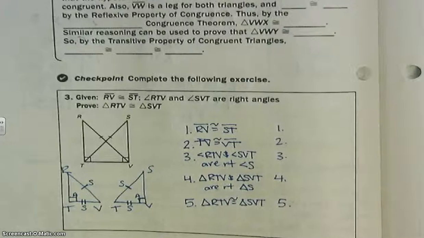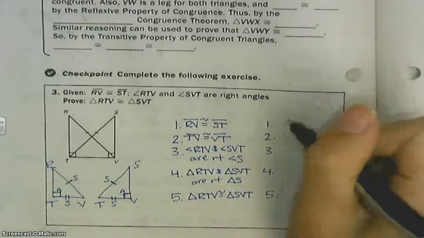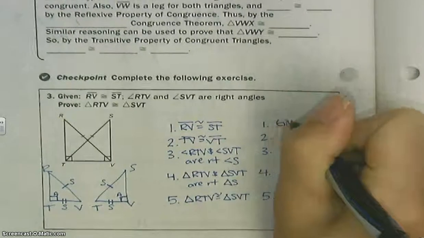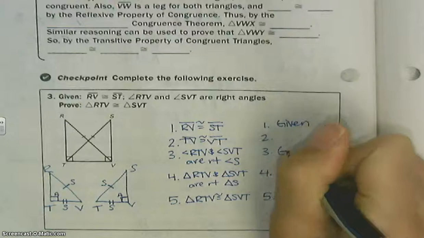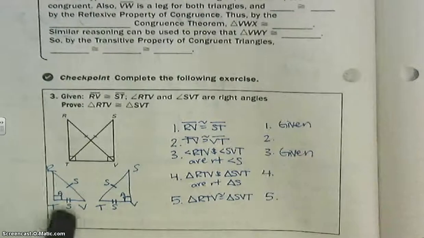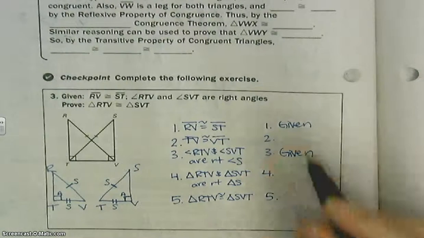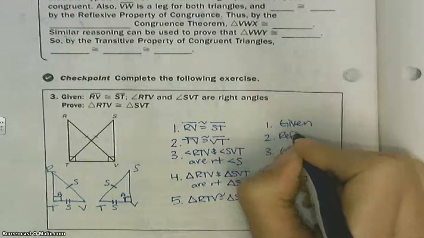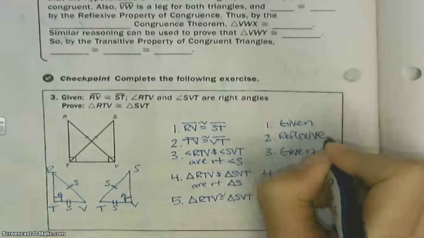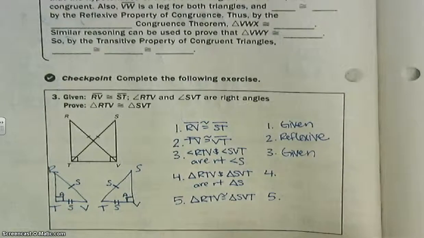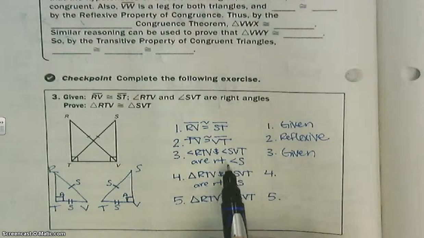So hopefully you found the first two given. Here's given, here's given. And they were sharing TV. Whenever they're sharing, it's reflexive. And then how do we know they're right triangles? Because they have right angles.